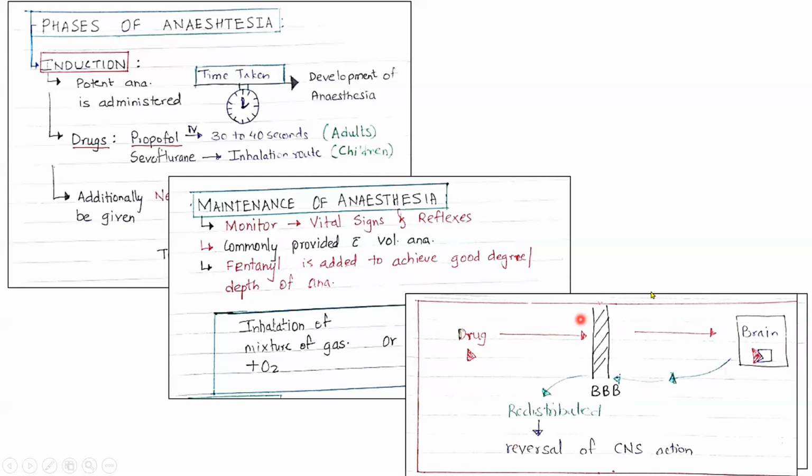That is, it is distributed in the brain and it is redistributed in other lipophilic tissues. Because it is redistributed, its concentration in the brain falls and then its effects on the brain are reversed. That is called reversal of anesthesia. So reversal of anesthesia with potent anesthetic agents is because of redistribution and not primarily because of their metabolism.